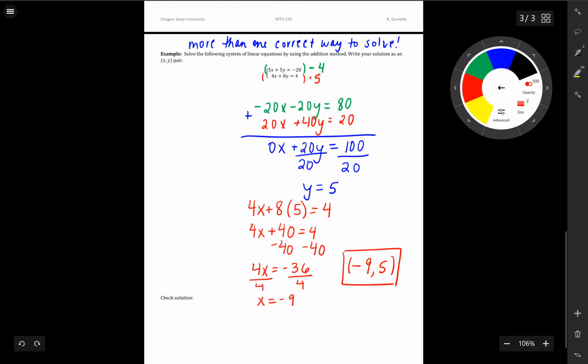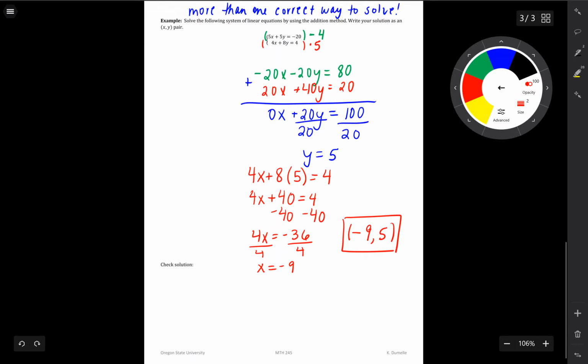And finally, we need to plug in this solution into both of our equations to check our work. Our first equation was 5x plus 5y equals -20. So I'll have 5 times -9 plus 5 times 5 equals -20. Well, this is negative 45 plus 25 equals negative 20, which is true.